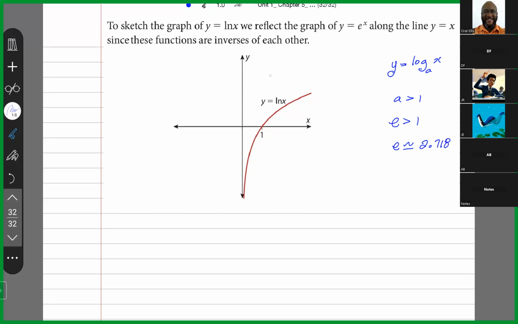And of course, the graph of y equals e to the x, with y equals x, would be the inverse.